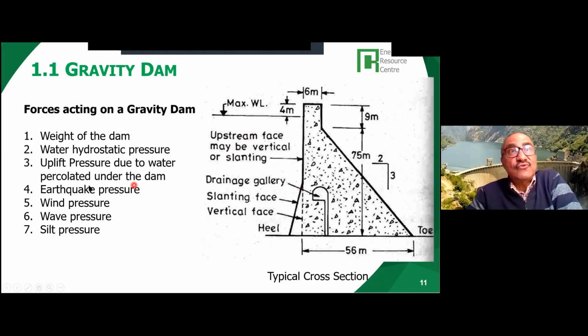The other force is the upward pressure due to water percolated under the dam. There will be some percolation of water from here, and this will also create an uplift pressure. It will try to overturn the dam, so it is balanced by the weight of the dam. It acts vertically up, like this.